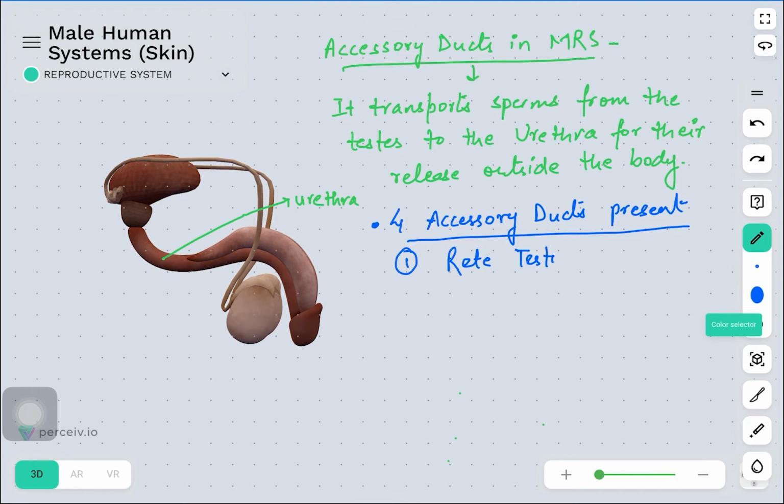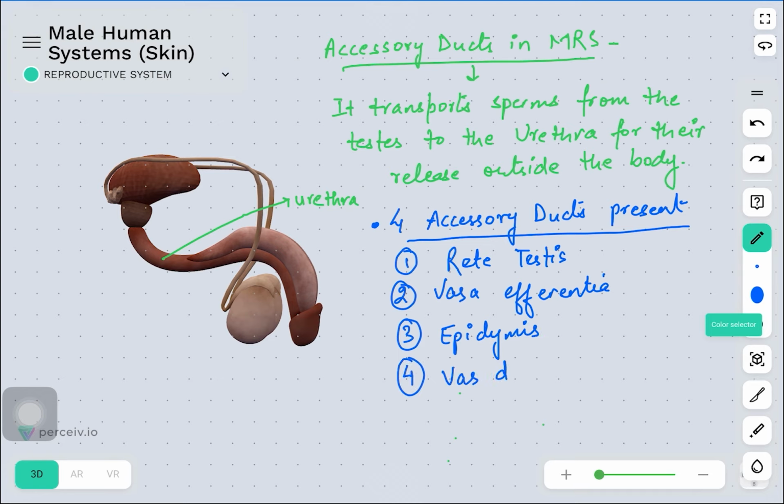The second is vasa efferentia. The third one is epididymis. And the fourth one is vas deferens. So this vas deferens is also known as sperm duct. All right, so these are the 4 ducts that are present in the male reproductive system.